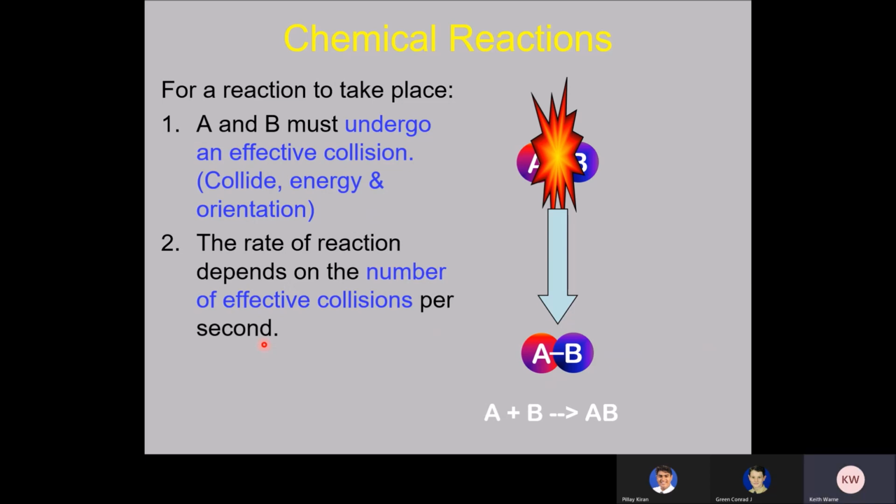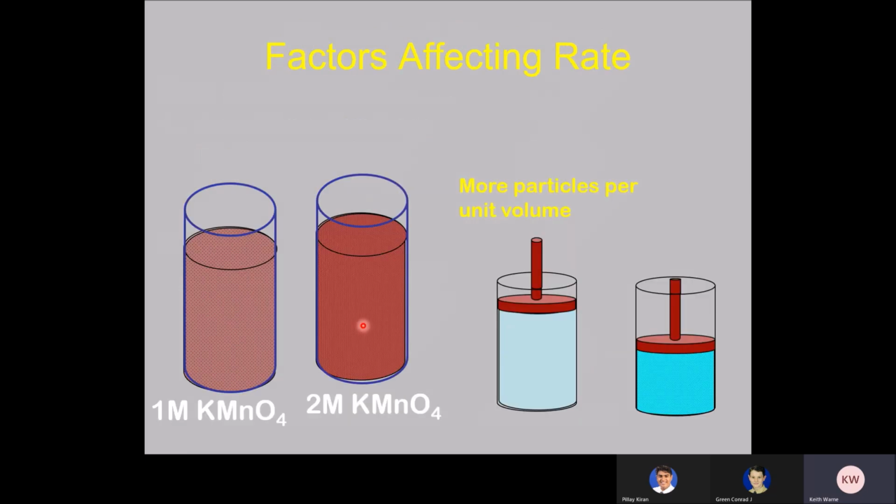It has to be more effective collisions per second. The number of times I have guys fighting with me in a test because they've lost a mark on an explanation, because they don't say rate of effective collisions or the number of effective collisions per second. So this per second bit is hugely important. You can't forget it in your explanations.